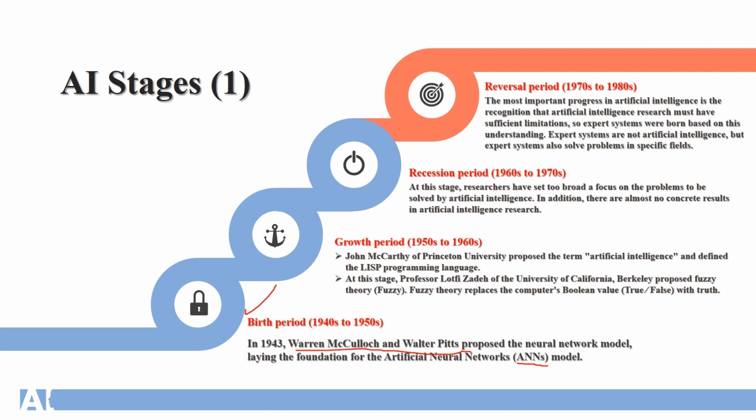And the 1950s to 1960s is the growth period. Okay, John McCarthy, Princeton University, proposed the term AI and devised the Lisp programming language. At this stage, Professor Lotfi Zadeh at the University of California, Berkeley, proposed fuzzy theory.